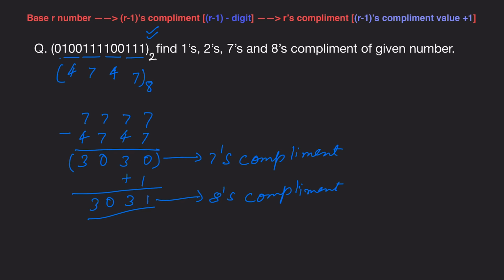And if this number is given as a base 8 number, you can directly apply this rule. Subtract every digit from 777, and after that add 1, and it becomes its complement. So I think you understand it very well.